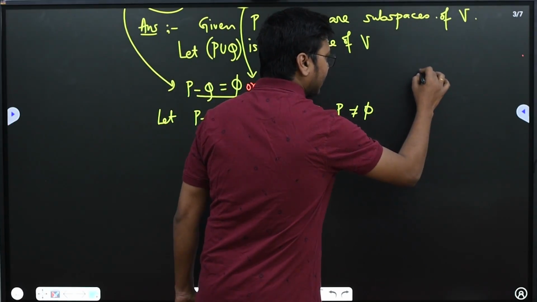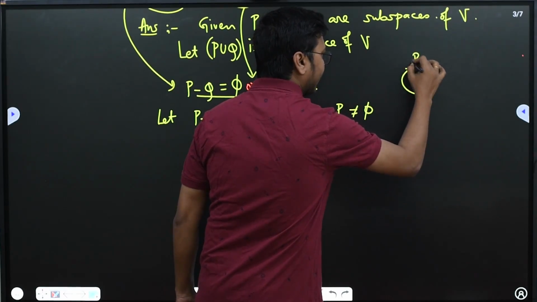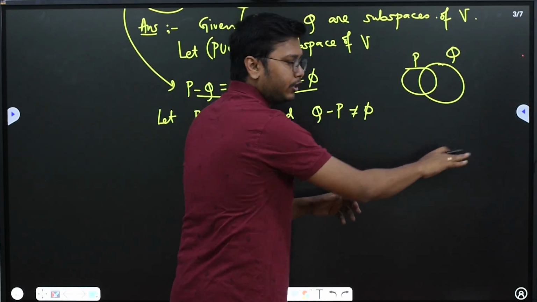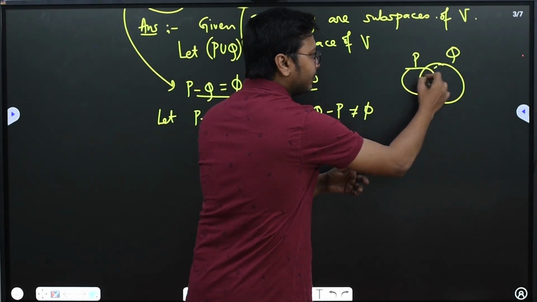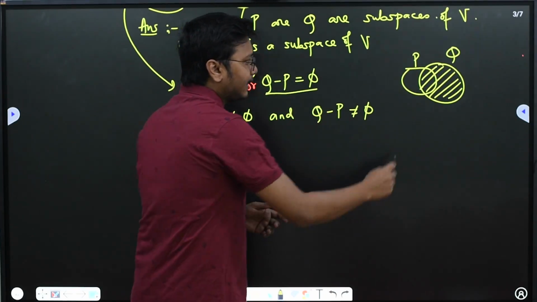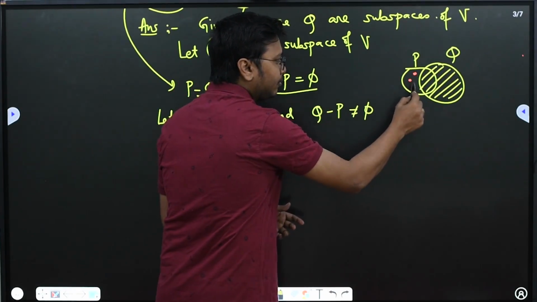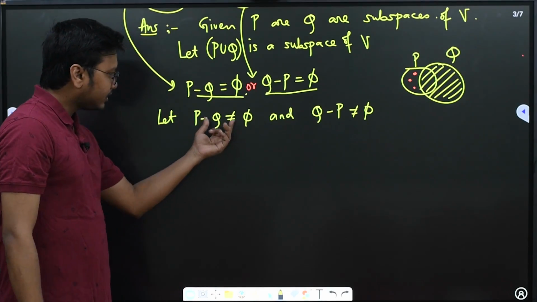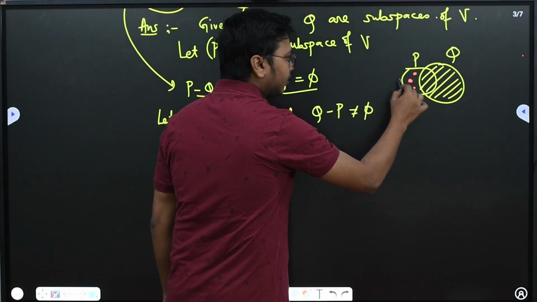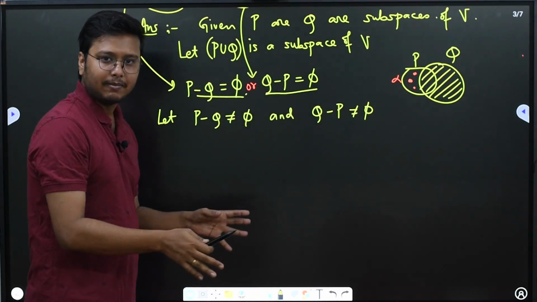So I have a P set and I have a Q set. So if I subtract Q, that means if I remove Q from the entire picture, if I drag out the Q from the P set, some elements of P will still be remaining because it is non-empty. So that means some alpha kind of element will be there in p minus q.